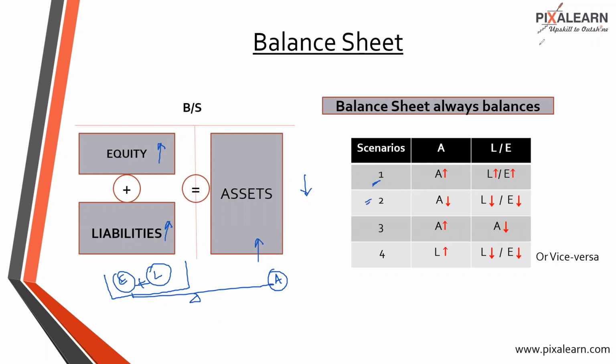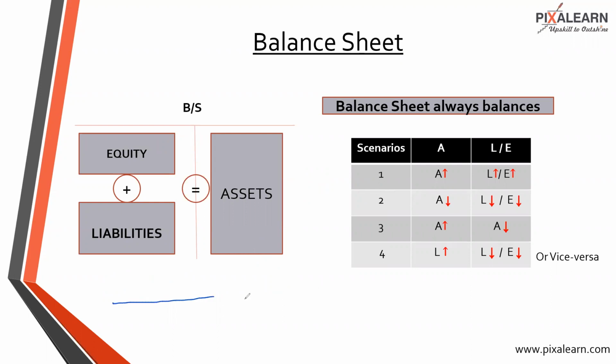Let's talk about the third scenario now, which is what happens if the changes happen on just one side of the weighing scale, right? If my equity and liabilities remain constant, in order for this equation to hold true, if one asset goes down or goes up, it has to result in another asset having the opposite impact.